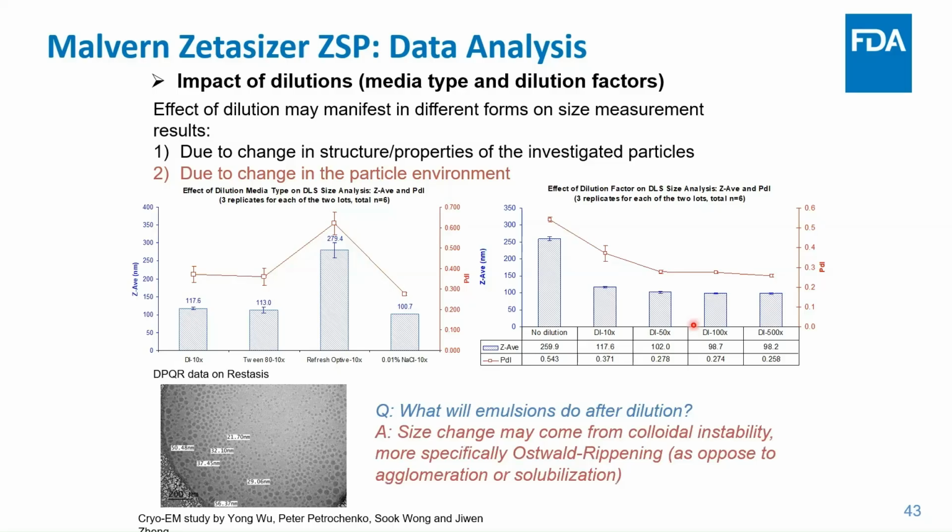A number of things can be happening. This could be instability, the system falling apart, though likely that's not the reason. Particles could be agglomerating or solubilizing. But in general, this can also be an effect of those things that we saw, like being at too high a concentration and having viscosity effects.